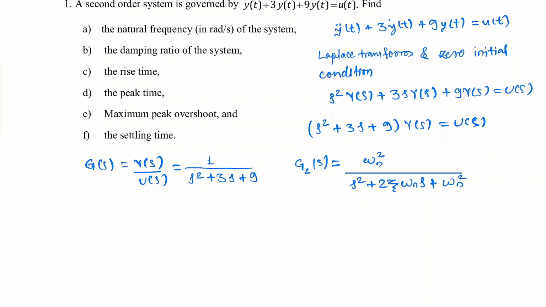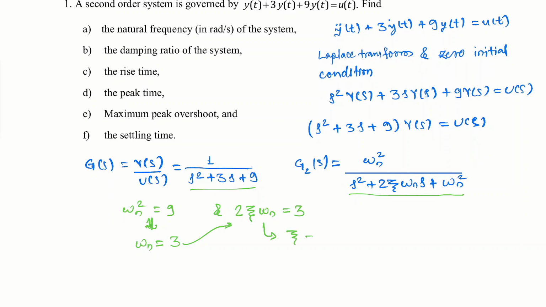So if we look at the denominator polynomial and compare, we can see that omega n square is equal to 9 and 2 zeta omega n is equal to 3. So this results in omega n equal to 3, and when we substitute it here, this gives us zeta equal to 0.5.